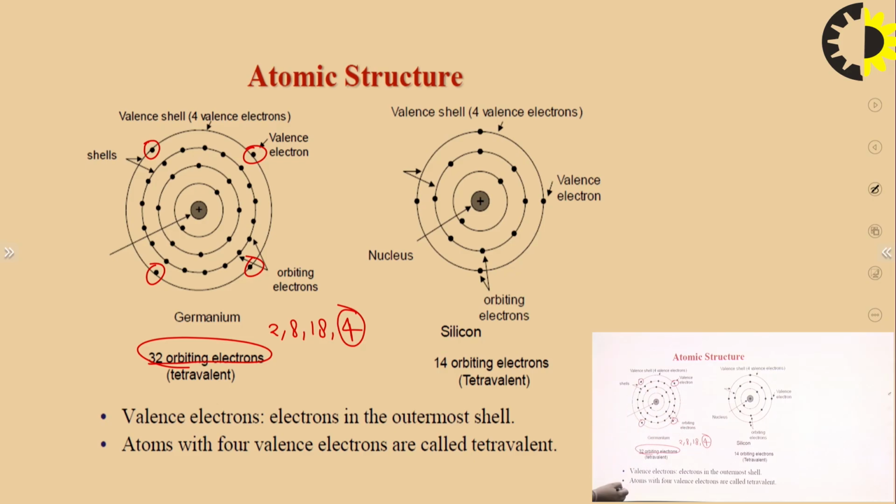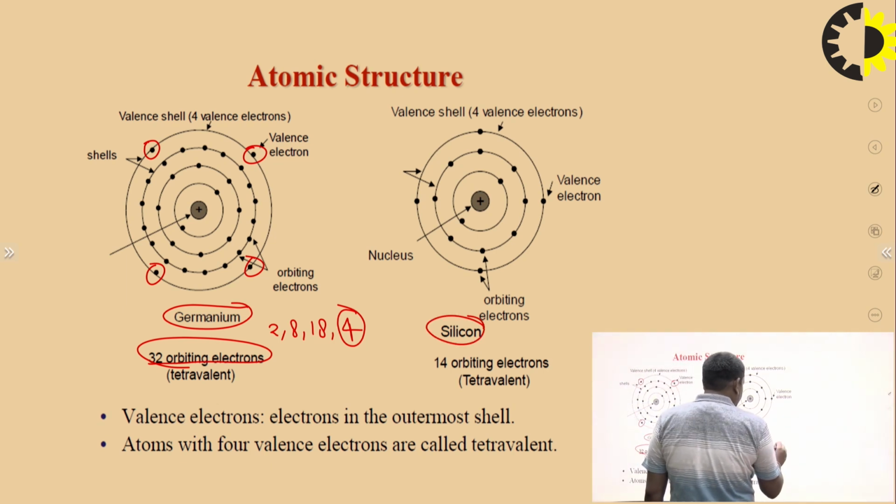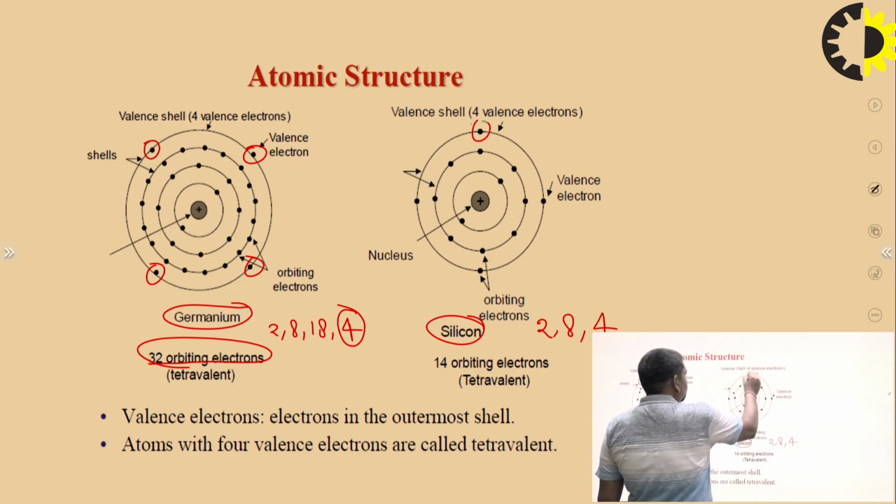So we can say this is an intrinsic semiconductor, a single crystal semiconductor. This is germanium, and this is silicon. Silicon has atomic number 14, so the structure is 2, 8, 4, meaning the outermost orbit has 4 electrons.